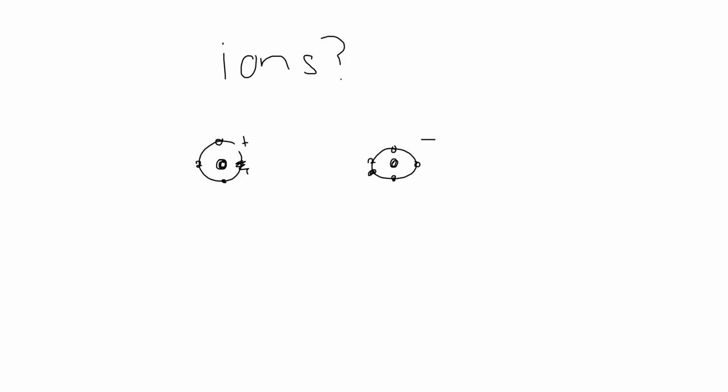So, a positive ion is a cation, and a negative ion is an anion. Anyways, you don't really have to memorize the fancy words straight away, but it's really good to know them.